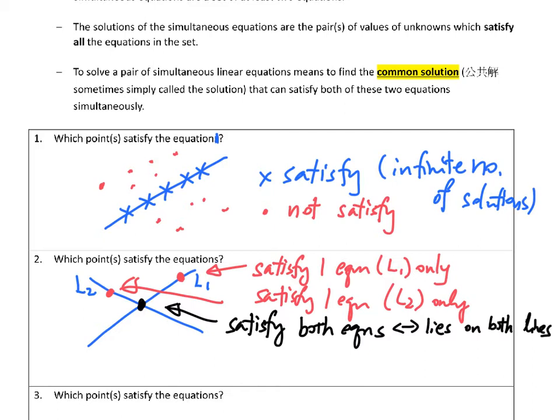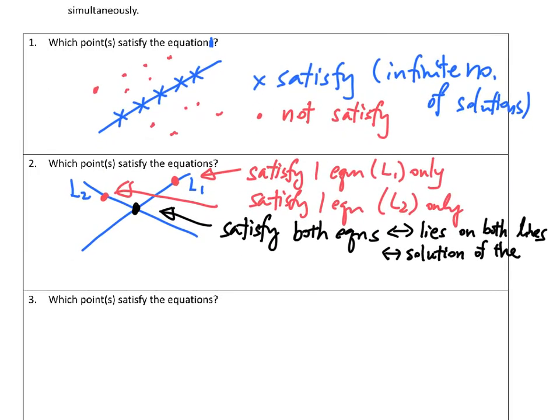And then we can say that this point is the solution of the equations. So this is called common solution. Common solutions. 公共解. Because it satisfies both equations.